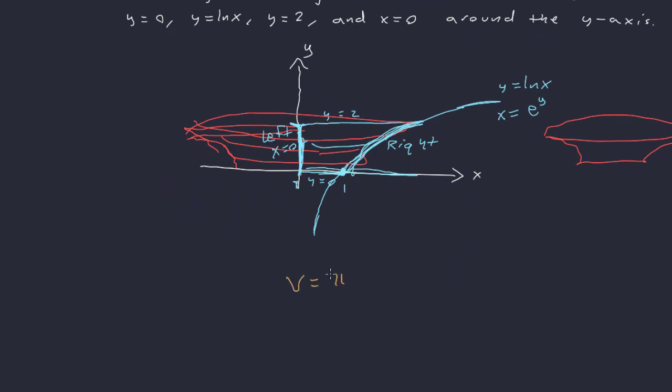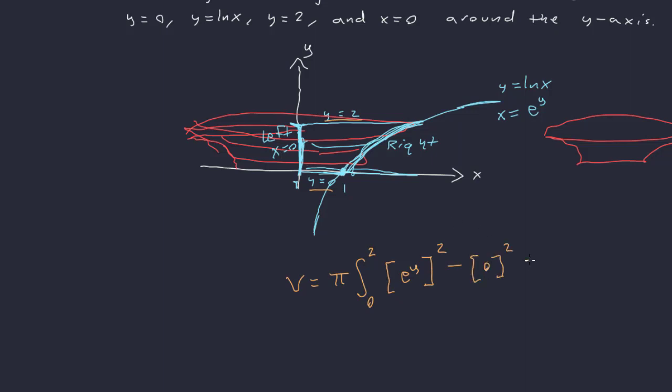will be pi times the integral. It's going to be in terms of y, so our limits go from y equals 0 to y equals 2. Then the right side squared, so that would be e to the y squared, minus the left side squared. Well, in this case it's 0.